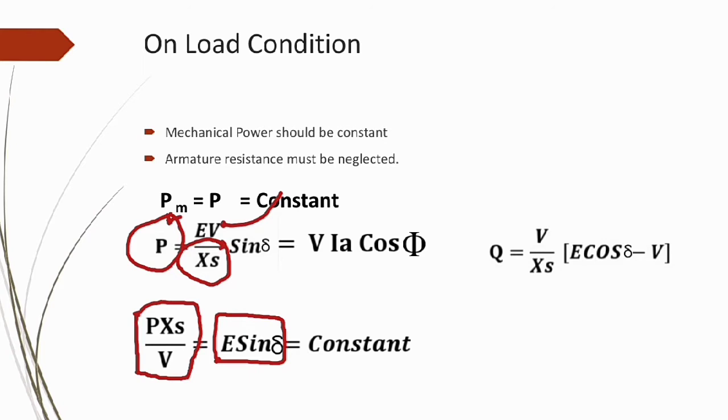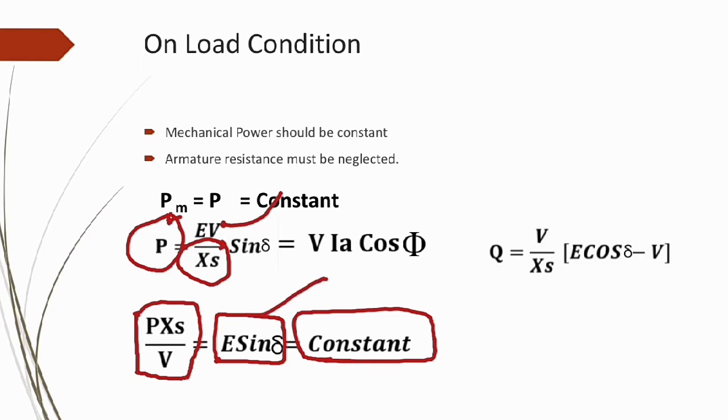We will have to consider that in every excitation, when we change the excitation, E sin del should be constant. We will have to consider this very carefully when we draw the phasor diagram. We will see this clearly in this video. So here E sin del should be constant.